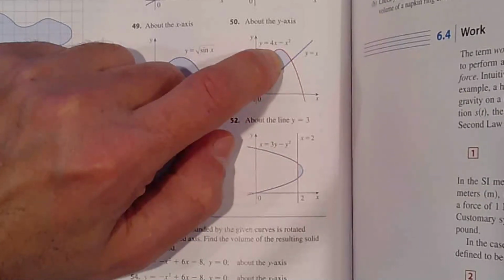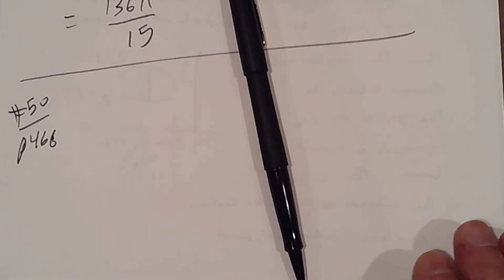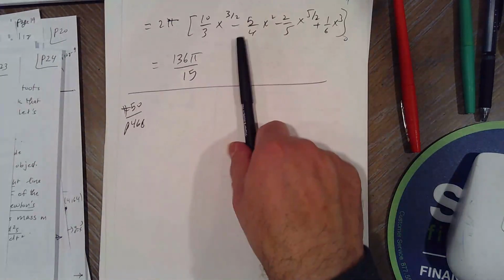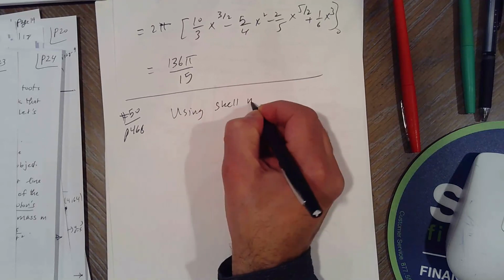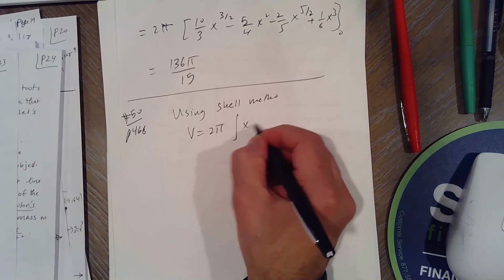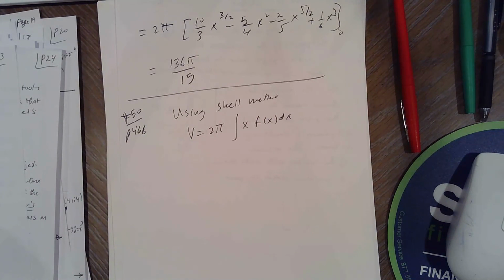If you use the shell method, it's 2 pi integral of x f of x dx.